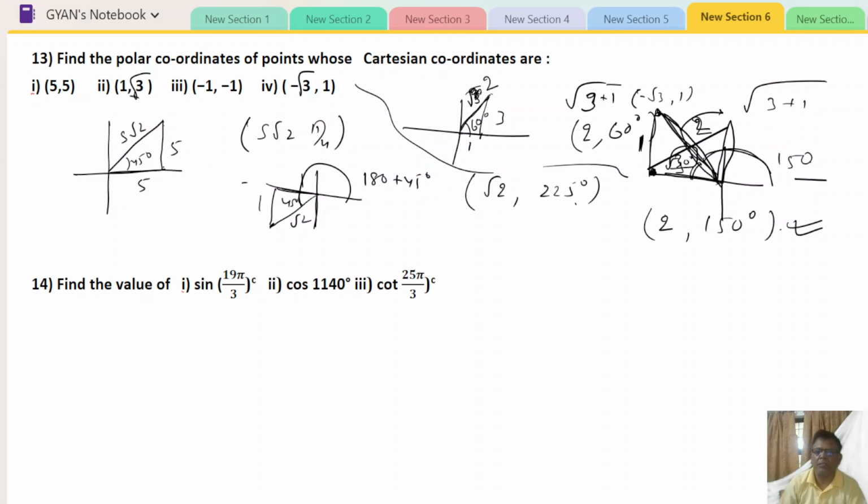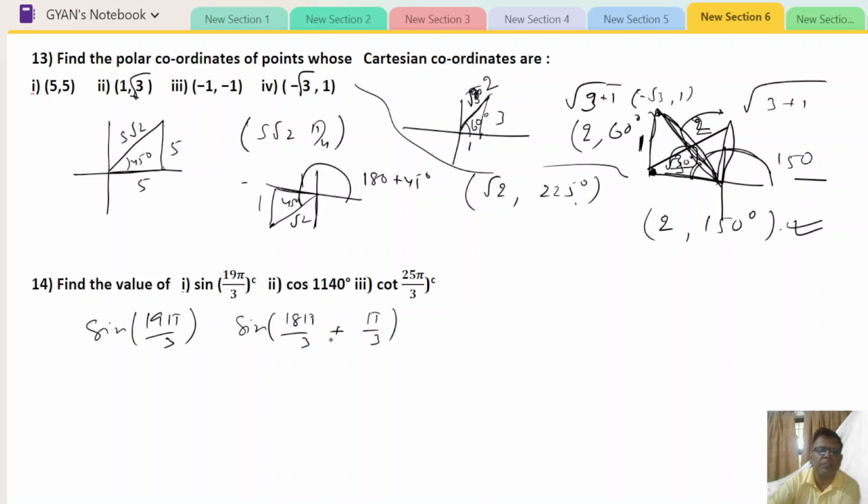Now comes, I think, the last part. So sine of 19 pi by 3. You can write it like this: sine of 18 pi by 3 plus pi by 3. Why have I taken 18? Because 18 is divisible by 3.